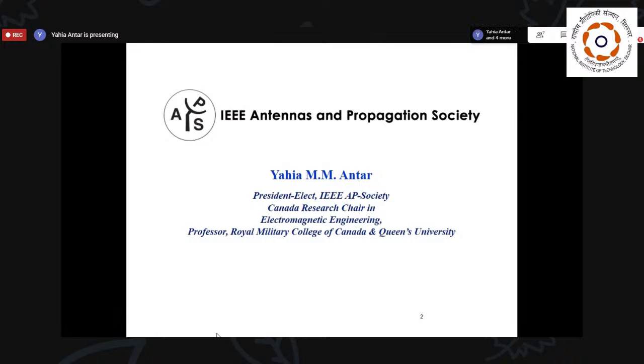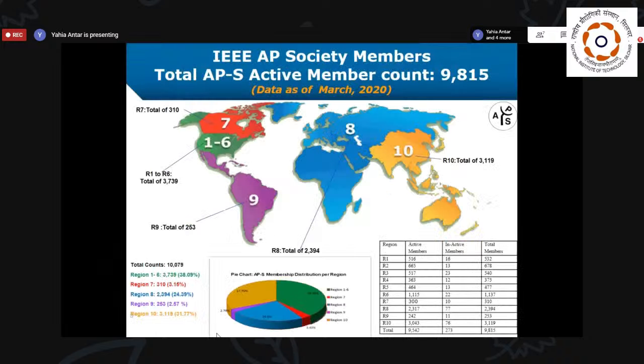And just to give you an idea about the volume of the society, the AP Society is one of the biggest societies of the 38 IEEE societies, and we have quite a number of members there. Actually, more than 1,000 of those are in India.